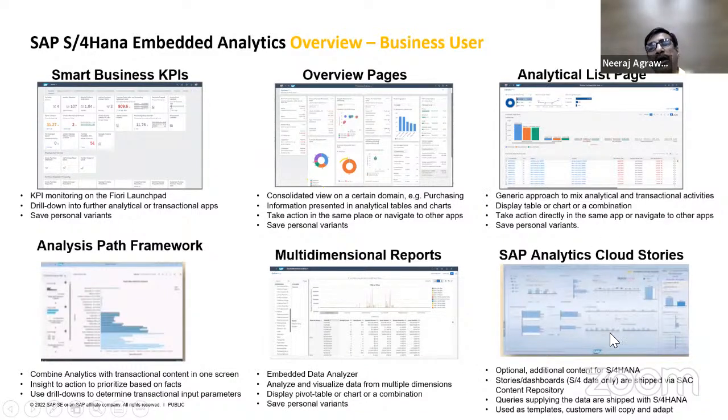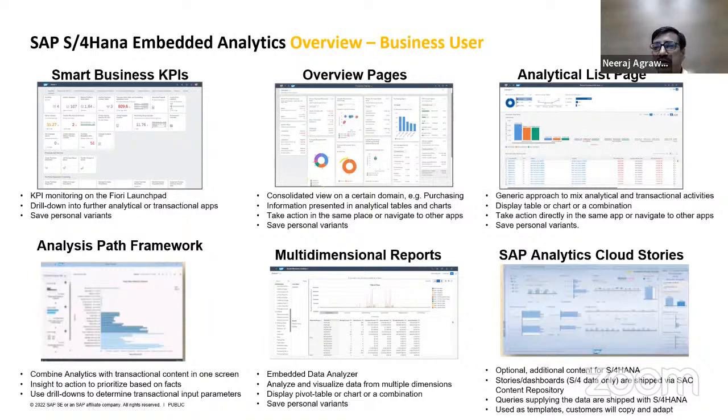Then we have SAP Analytics Cloud. Of course, it has your digital dashboards or digital boardrooms where you can see your complete analysis or company-wide profitability and things very easily. And it has a lot more capabilities also to see various overviews and dashboards in there.